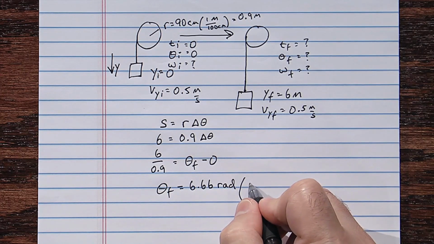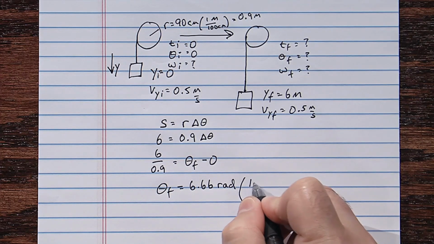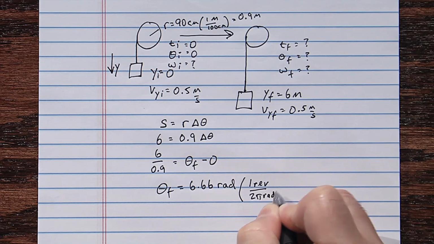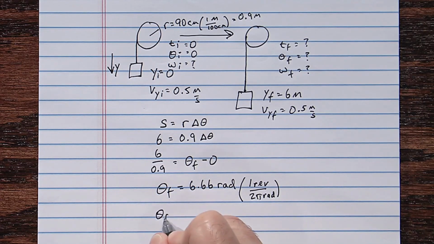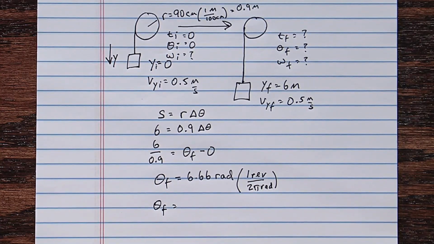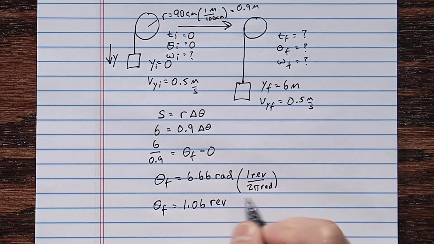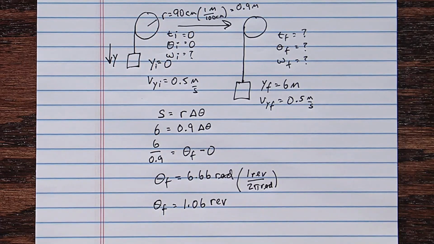And so we have to multiply by 1 revolution for every 2 pi radians to get that theta final is equal to 6.66 divided by 2 pi, and that would be 1.06 revolutions, because our radians cancel out.